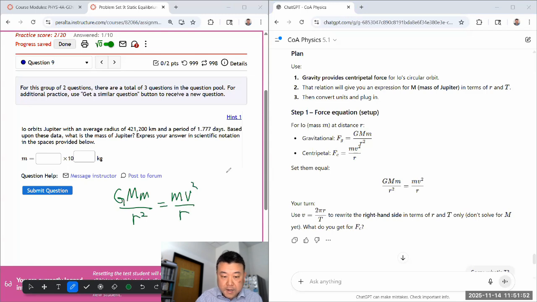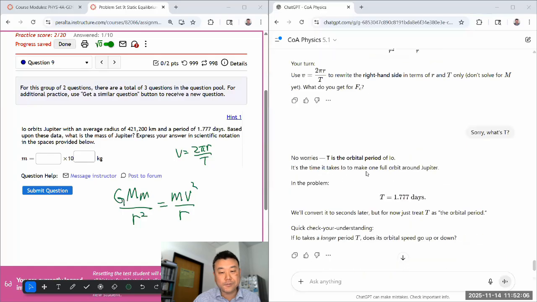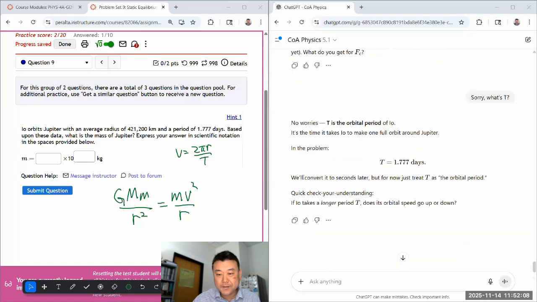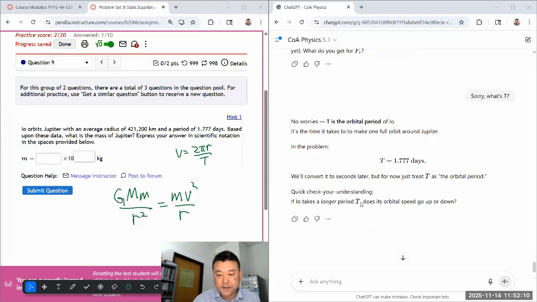And it's saying use that, so I'm going to plug in v is equal to 2 pi r, the circumference, divided by the period. That gives you the tangential speed in uniform circular motion. Yeah, T is the orbital period. Yeah, it's the time. Convert it to seconds later.